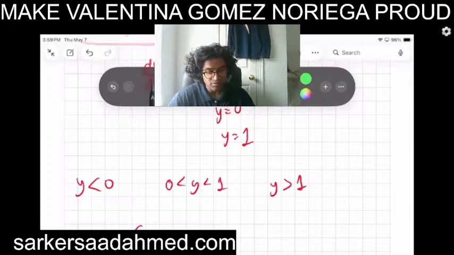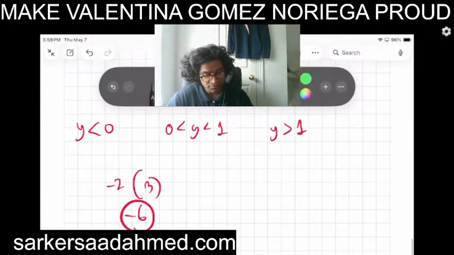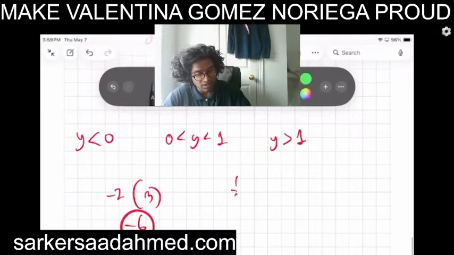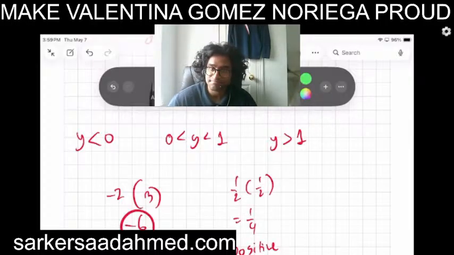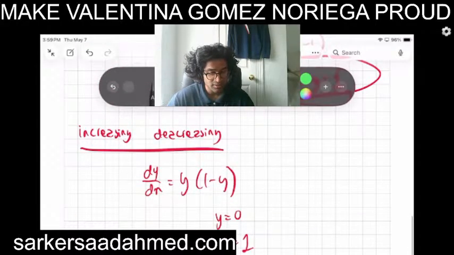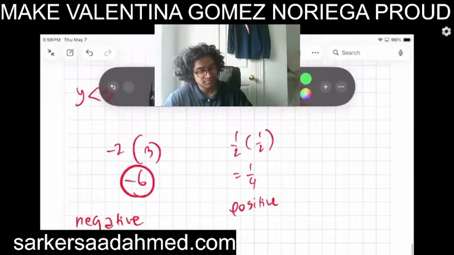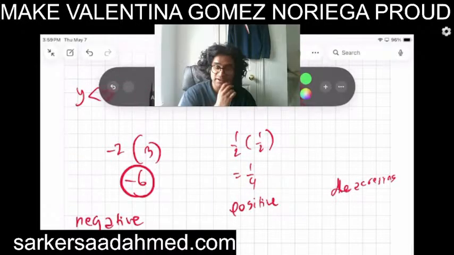Now I have 0 less than y less than 1, so let's go for half. If I have half times 1/2, that is 1/4, this is positive, right? And this is increasing. And if I have y greater than 1, that will be decreasing.